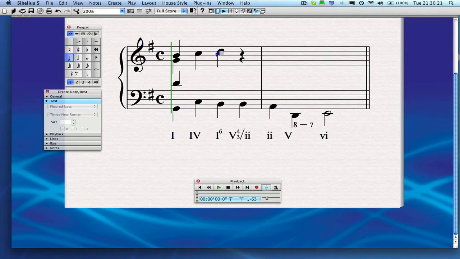D prepares us for the 7th of the 5-4-3. Whenever possible, you want to have a preparation note. Either step down into the 7th by step or keep a common tone. The D in the soprano, of course, must resolve to C. And we're going to go down to A here.